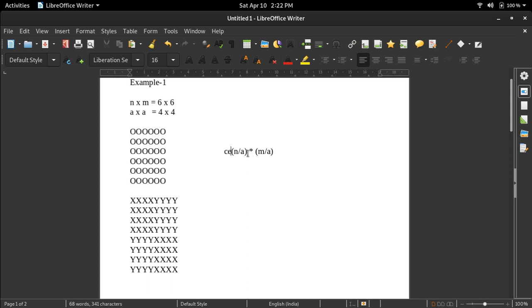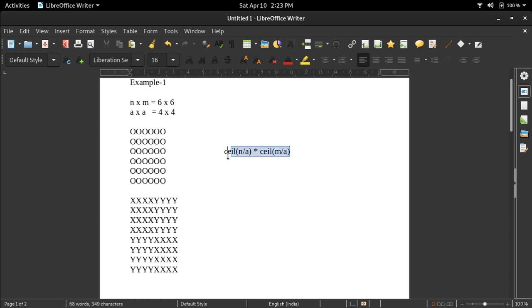That's why we need to apply a ceiling function here. And in the vertical direction also you can see that we have used x and y, a total of 2 flagstones. But if we do 6 by 4, so there are a total of 6 rows, so the value of n is 6, and we divide it by 4, it will be a 1 point something value. But in total we needed to use 2 flagstones, so that's why we have to apply the ceiling function here also.